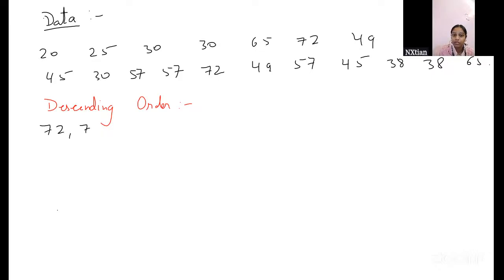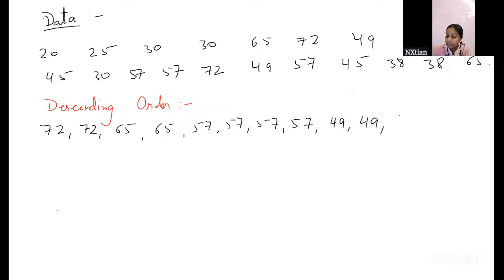72, 72, 65, 65. Then we have 57, 57, 57, and 57. Then I have 49, 49. Ma'am, there are two. 45, and 45.